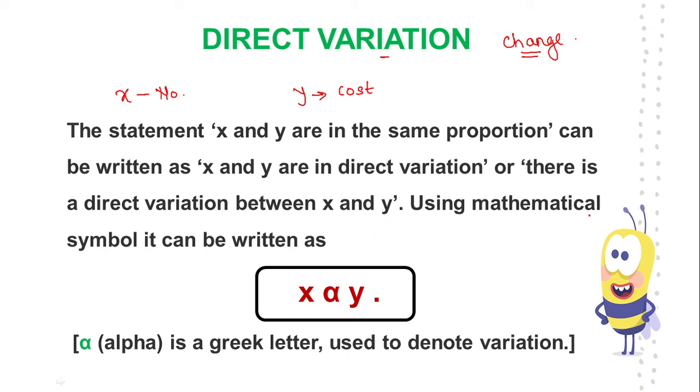Now using a mathematical symbol, as we are dealing with maths, and in maths everything has to be written in symbolic form. So how are you going to represent it in maths? You will write x, which is one quantity, and the other quantity as y, and you will show it with a direct variation sign.